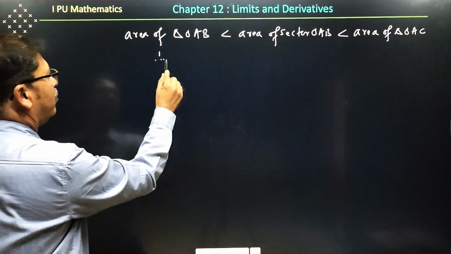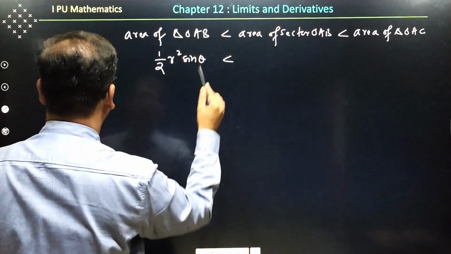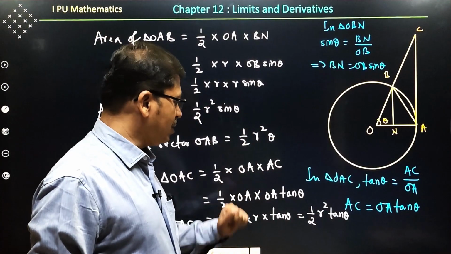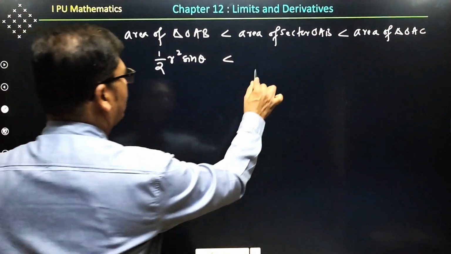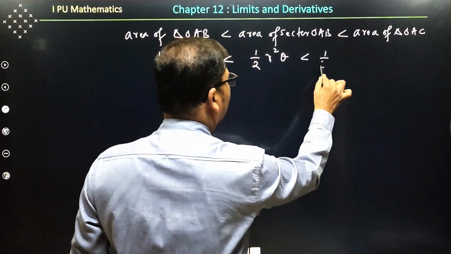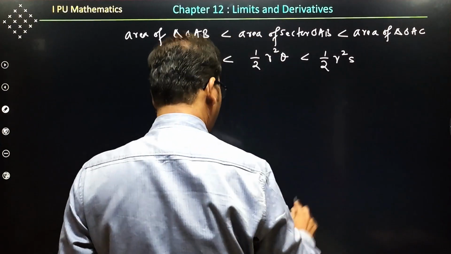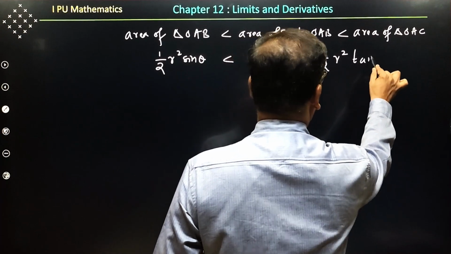Its formulas we have proved already: 1 by 2 r square into sin theta, next is 1 by 2 r square theta, next is 1 by 2 r square tan theta.